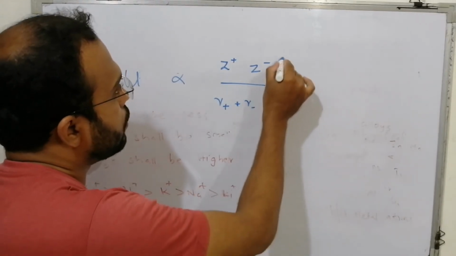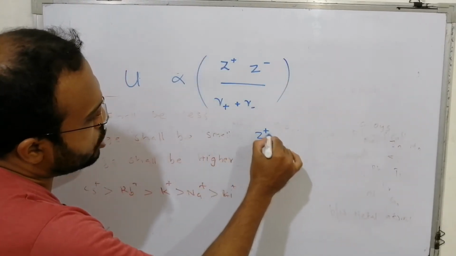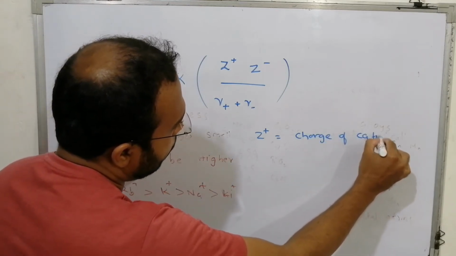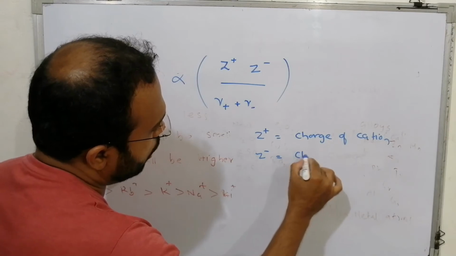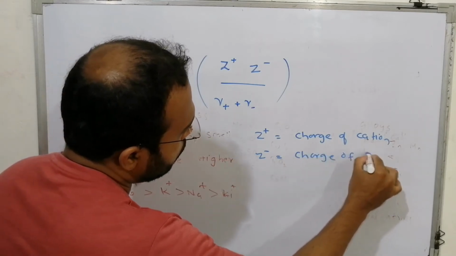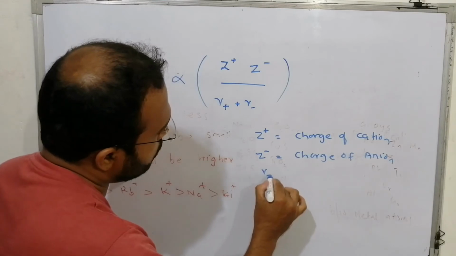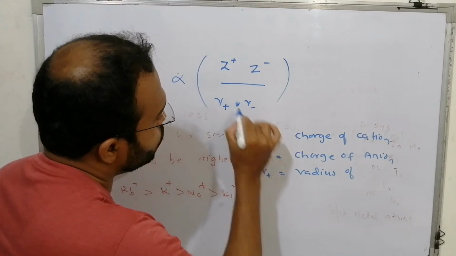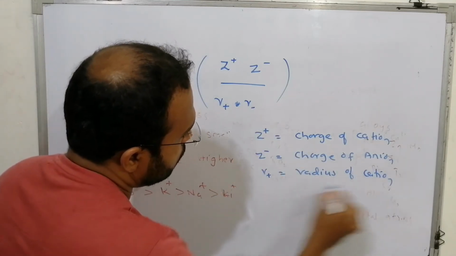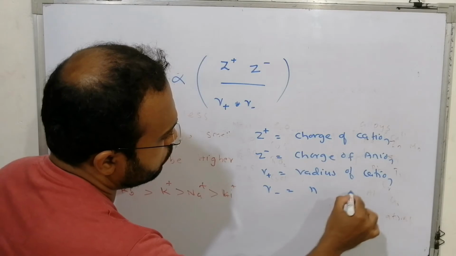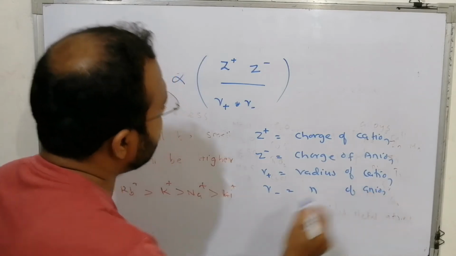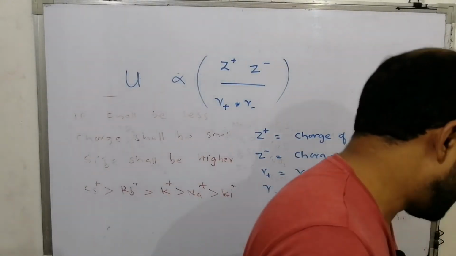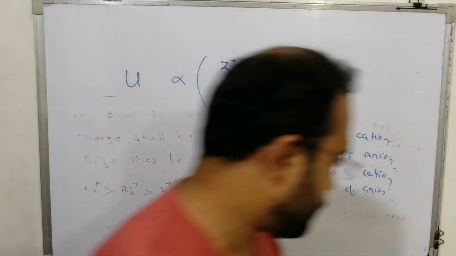Here Z plus is the charge of the cation, Z minus is the charge of the anion, R plus is the radius of the cation, and R minus is the radius of the anion. Therefore, when radius increases, lattice energy decreases. When charge increases, lattice energy increases.